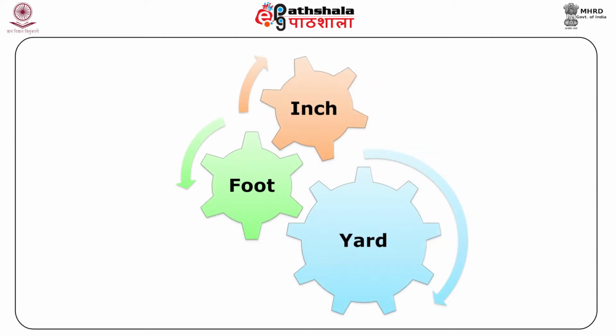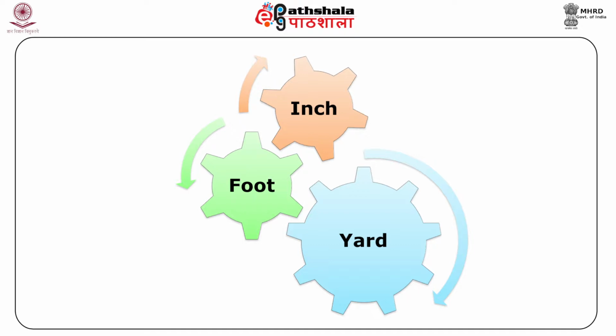The ancient digit, palm, span, and cubit units of length slowly lost their preference to another set of length units such as inch, foot, and yard. The yard is used as a measure of length that could be traced back to early Saxon kings.